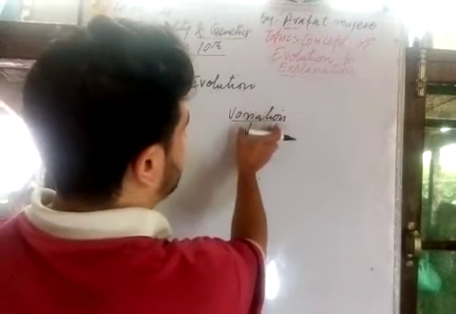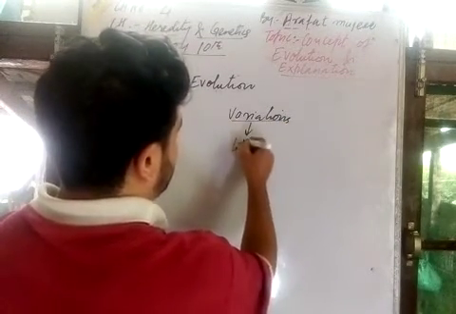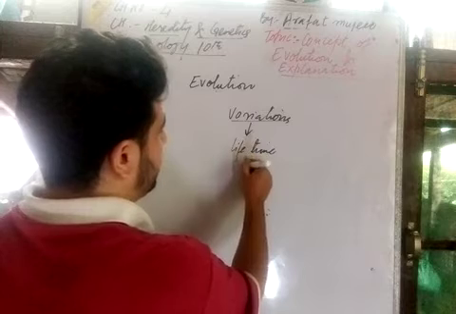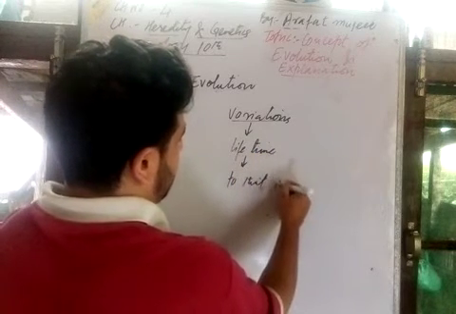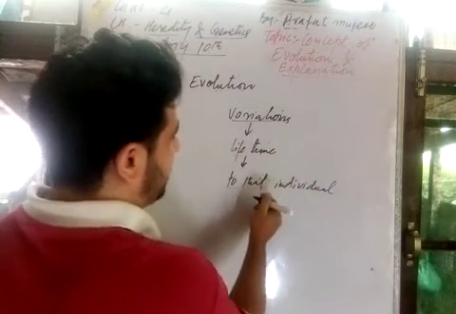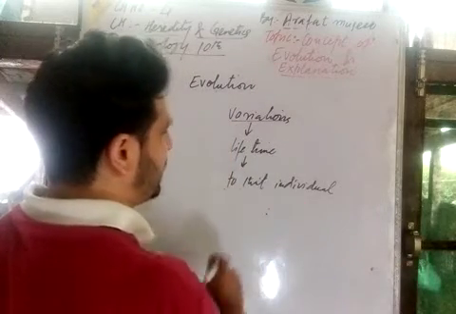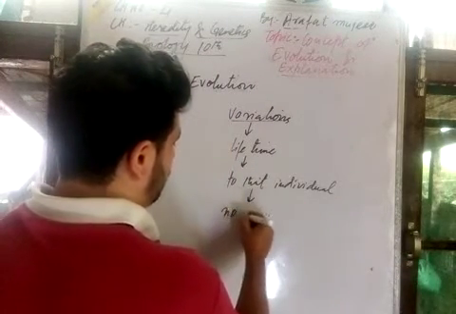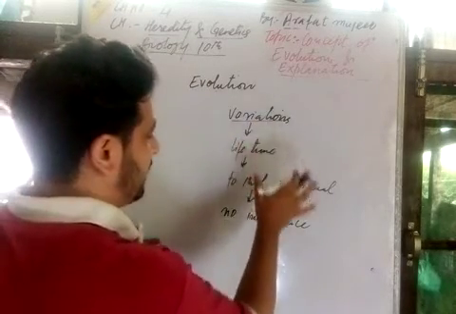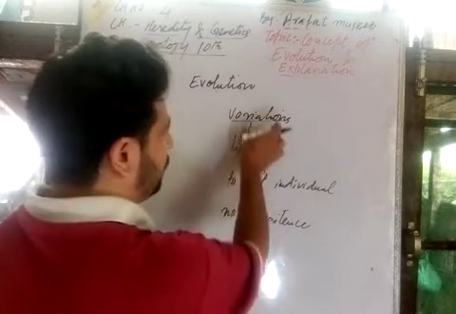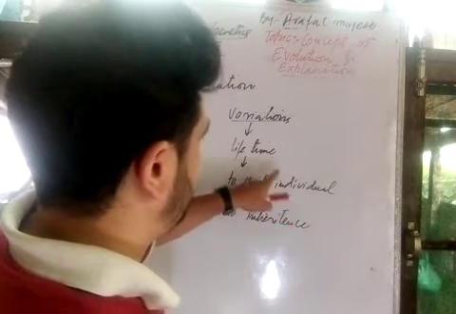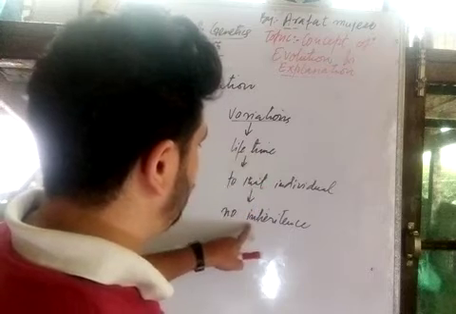In any organism, variations are associated with its lifetime, and to that individual these variations last for the lifetime, and it has no inheritance. इसमें मैं एग्जांपल में बताता हूँ आगे. इस पे एग्जांपल एक है, there is no inheritance. यहाँ समझिए आप, वेरिएशंस एक इंडिविजुअल में आती है और इसके साथ ये लाइफ टाइम रहती है, और नो इनहेरिटेंस.